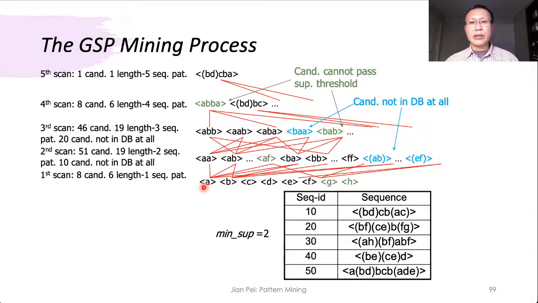For example, using this A and B, we generate (AB) in one element. Using this E and F, we may generate one candidate, (EF) in one element. And those candidates do not appear in the database at all. So those are sort of redundant or ineffective candidates in the Apriori algorithm.